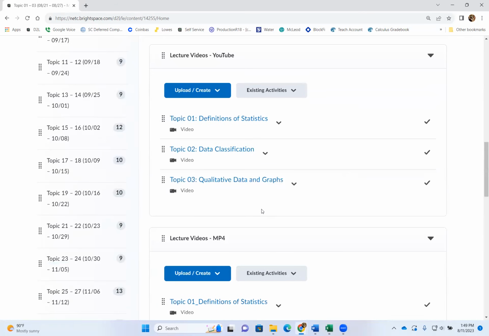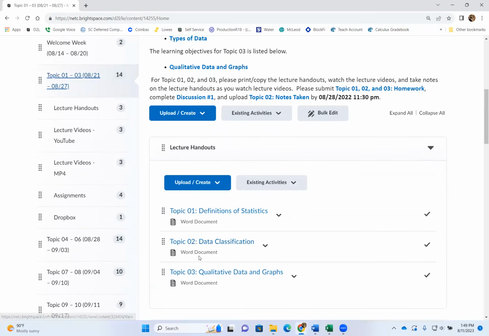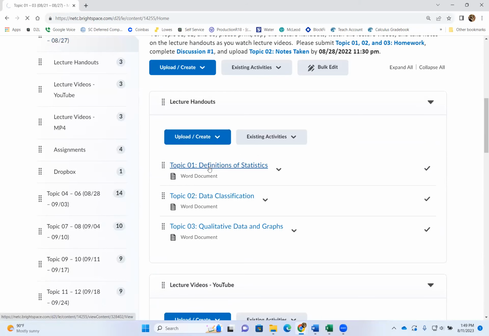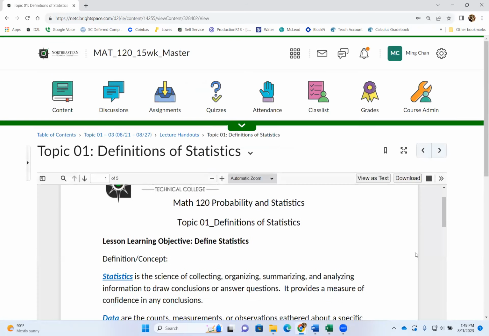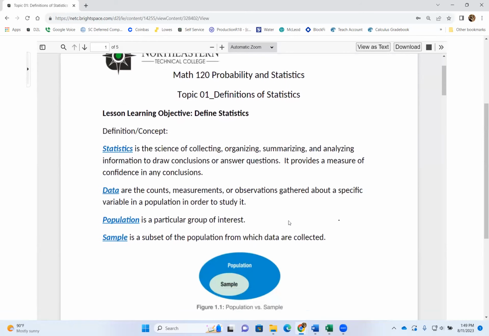So what students do every week is print or copy down what's on the lecture handout. If you don't have a printer at home, you can copy down what's on the lecture handout.